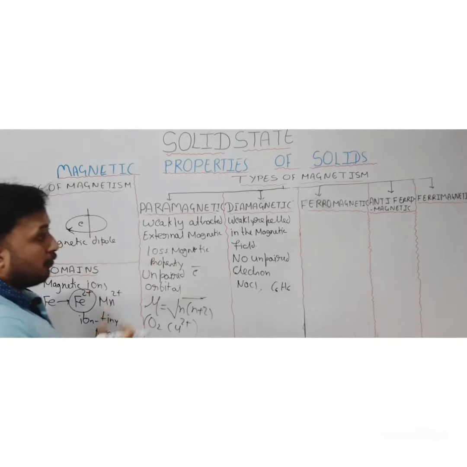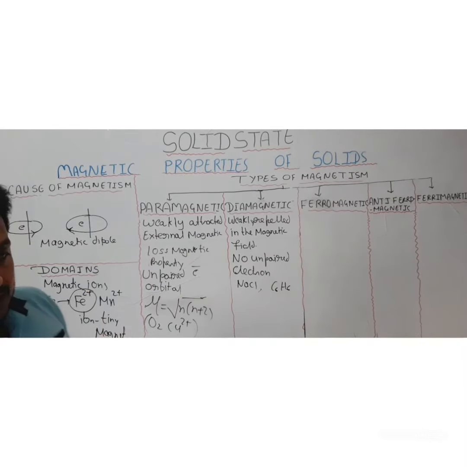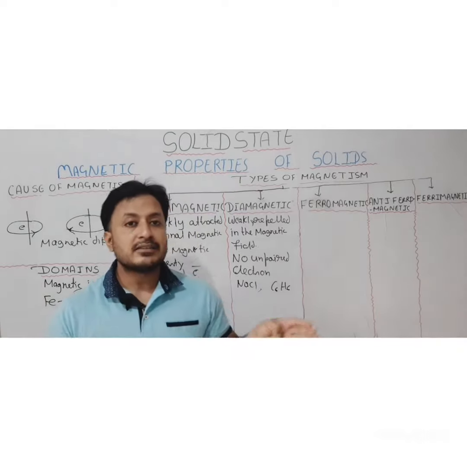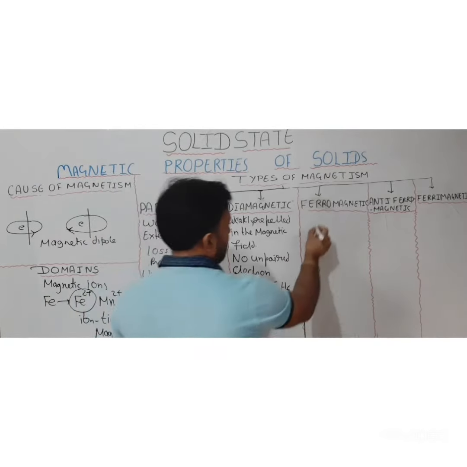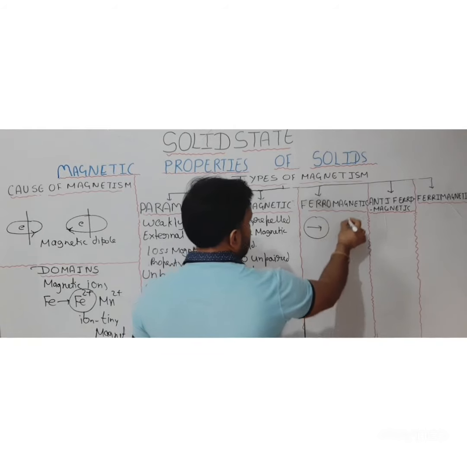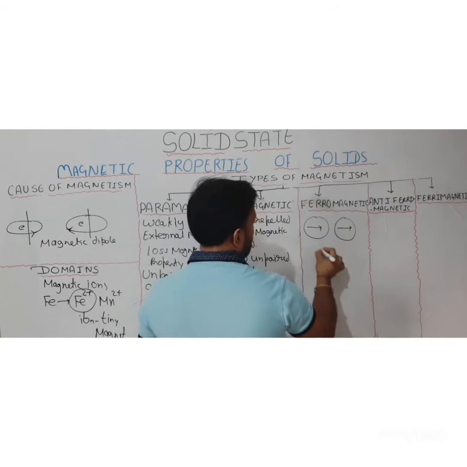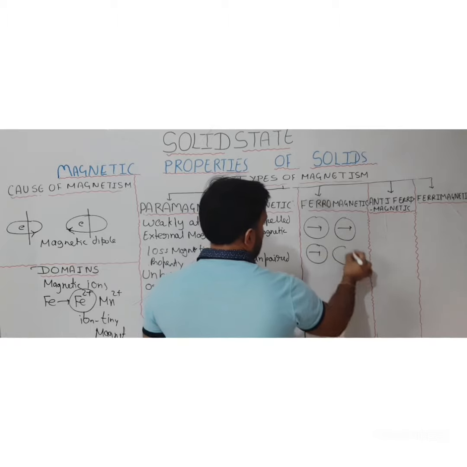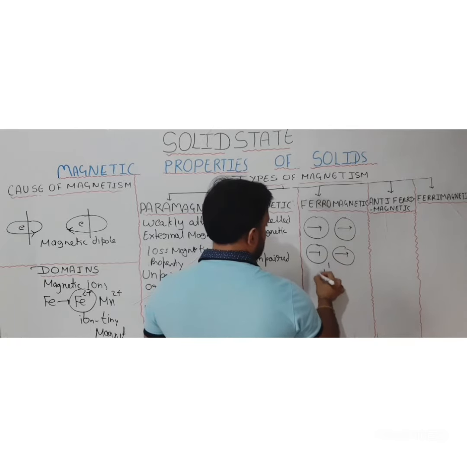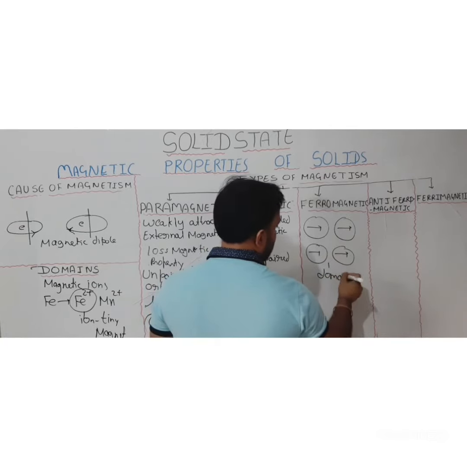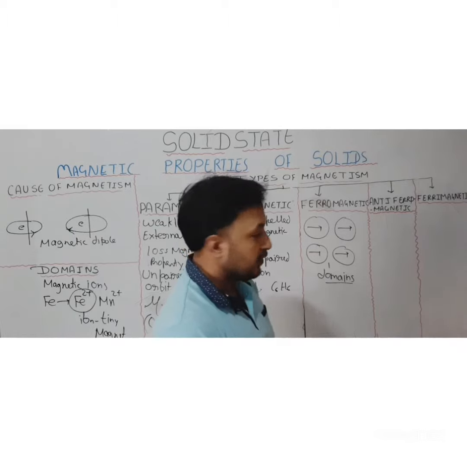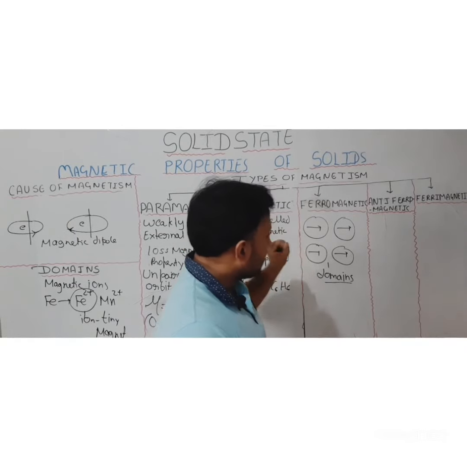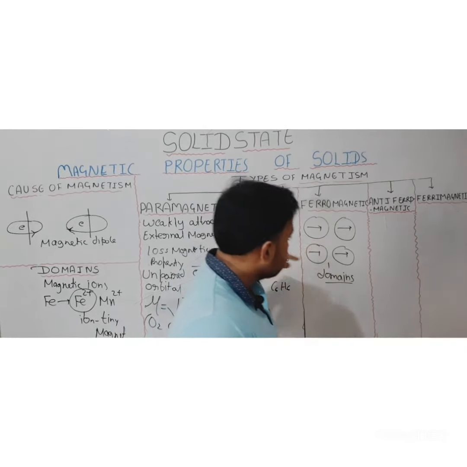Now when we say aligned in the same direction, we are comparing it with the external magnetic field applied. Suppose a ferromagnetic substance is there and I am representing the domains in the form of arrows. These tiny magnetic ions are known as domains. If we apply an external magnetic field to a ferromagnetic substance, all these domains will have the same direction.